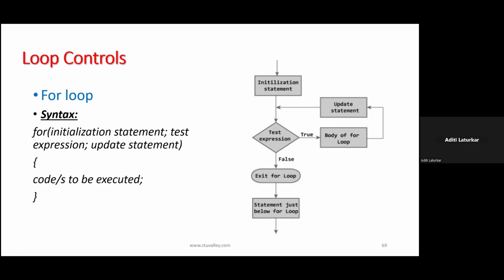After the body of the for loop is executed, the update statement gets executed. It can be an increment or decrement, positive or negative, based on your condition and the initialization. You can add the update statement here.